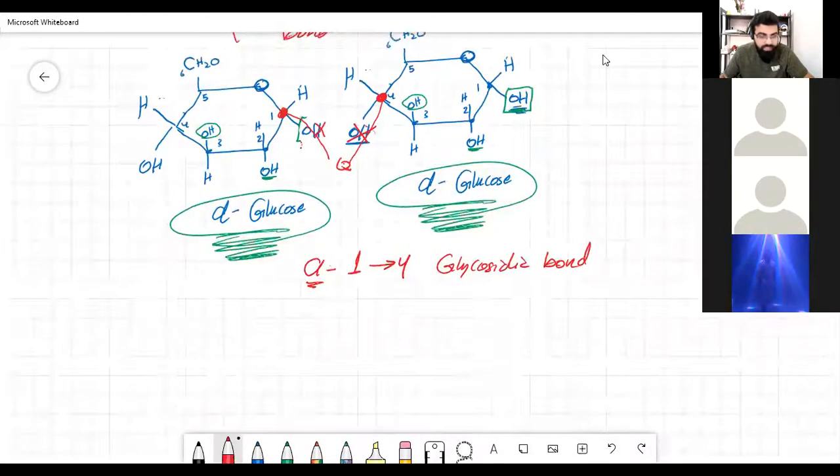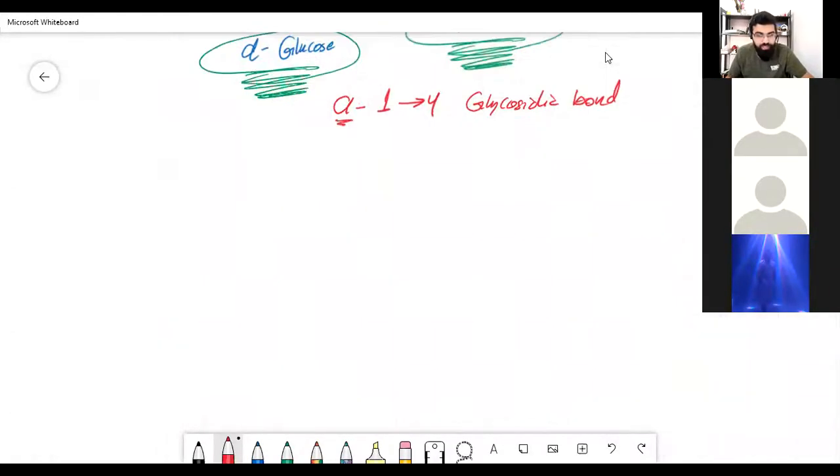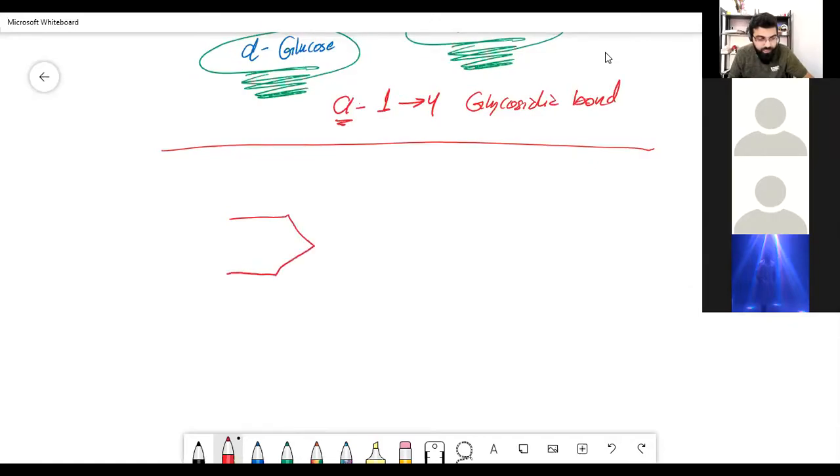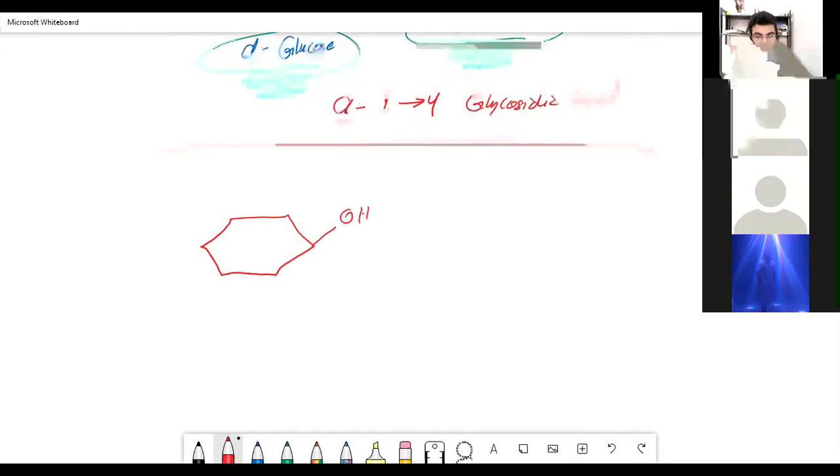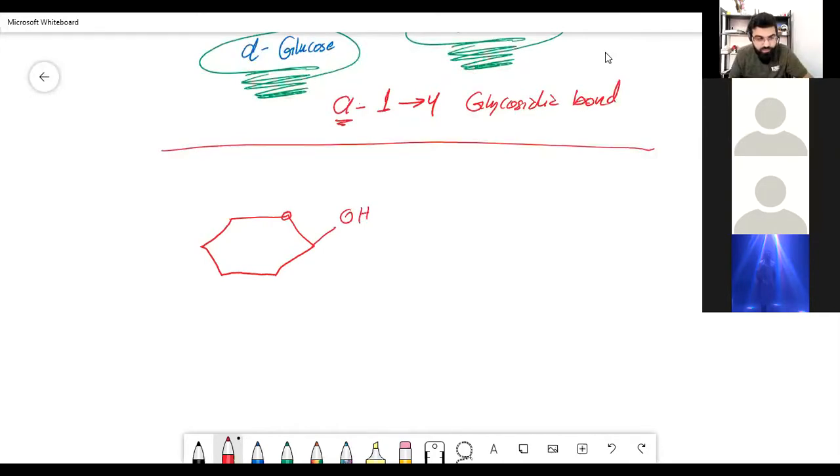Right. Let's see what happens if we want to bond two beta glucoses together. We know that beta glucose is the same except the direction of OH on carbon number 1 only. It's up, beta. So OH up. So it's easy to draw. Do you see? This is the oxygen. Here, hydrogen. Here, we said downward, OH.